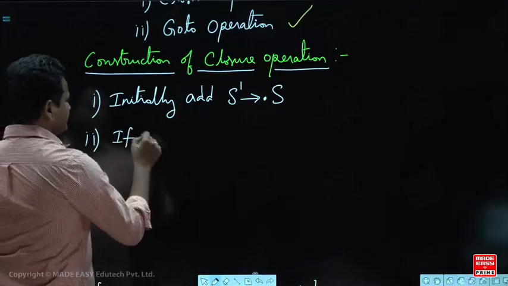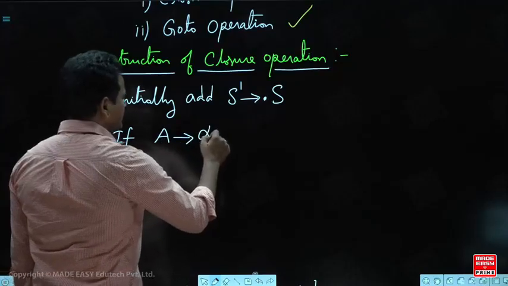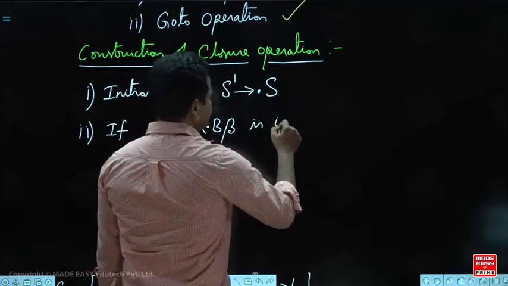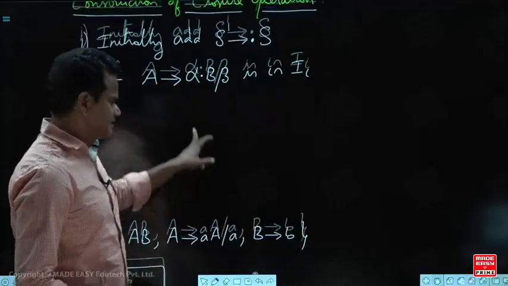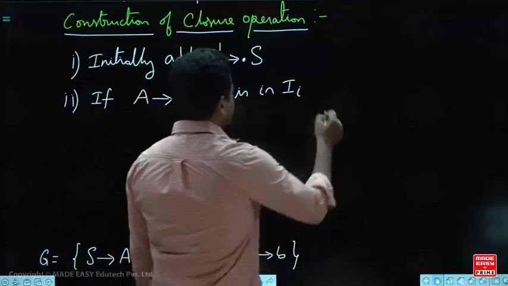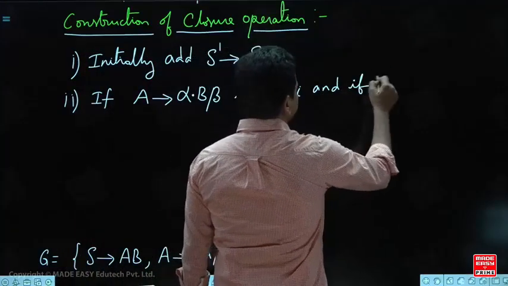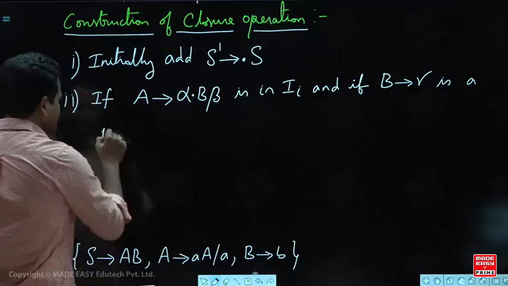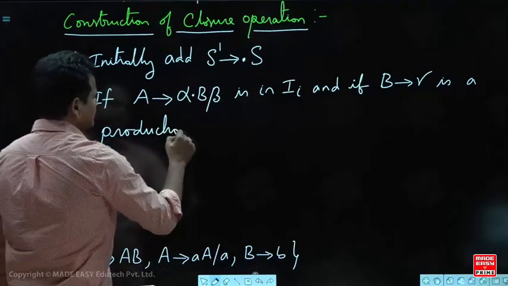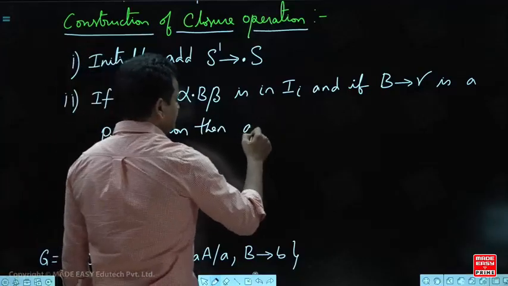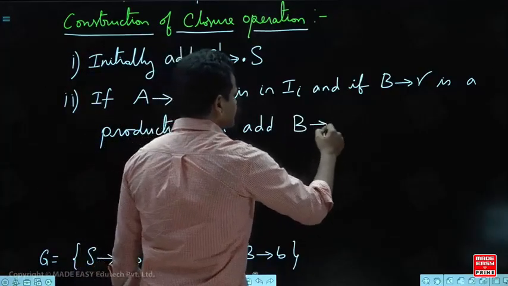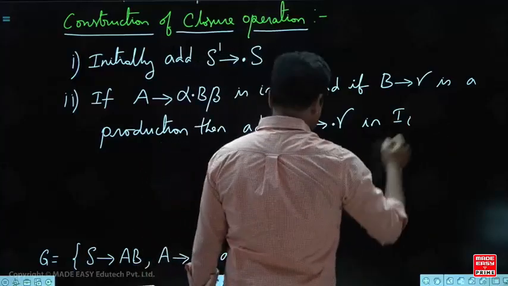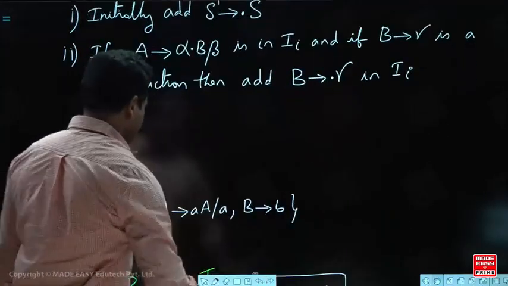If A → α·Bβ is in I, some state, the name of the state like this one, I, and if B → γ is a production, then add B → ·γ in I. So I write the same here.